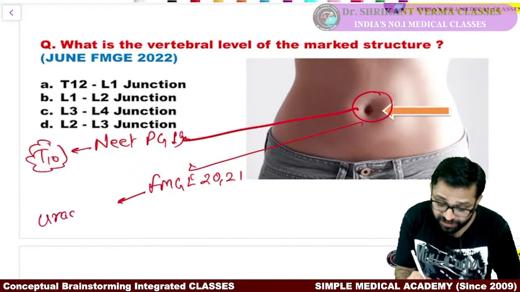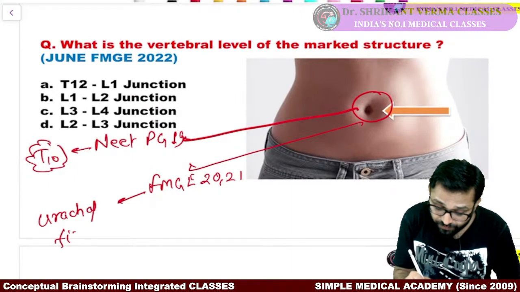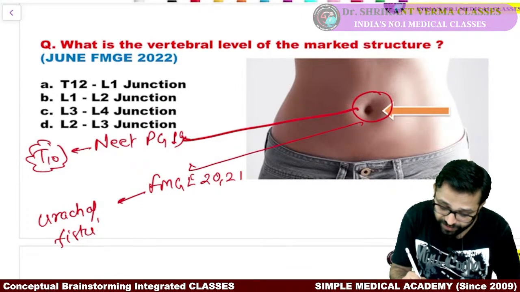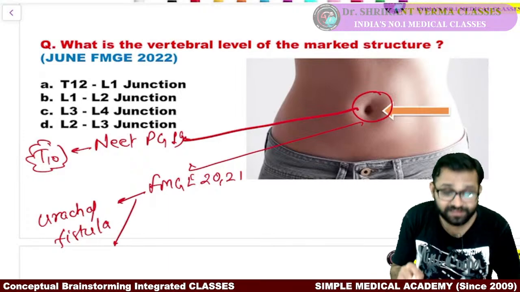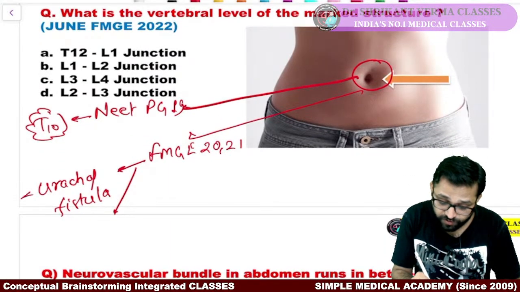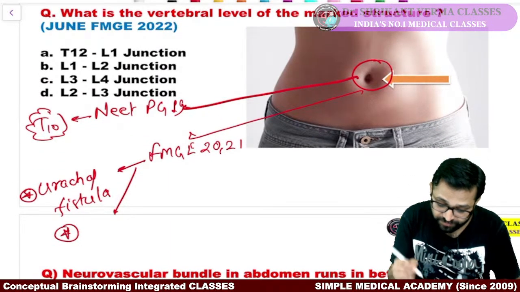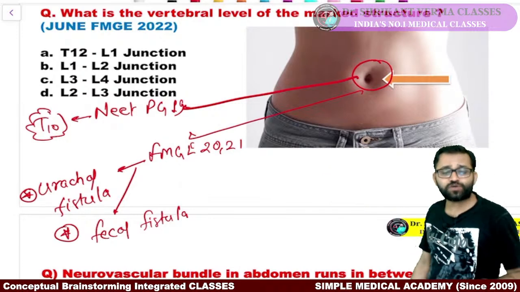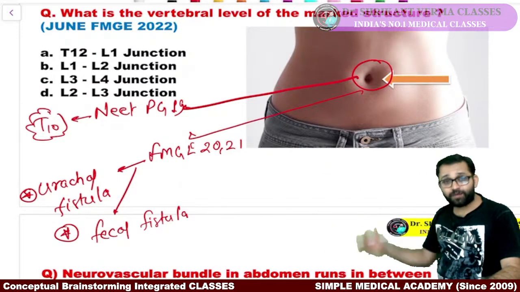There was a question related to the urachal fistula, and there was a question for the fecal fistula. That is also related to our umbilicus topic.